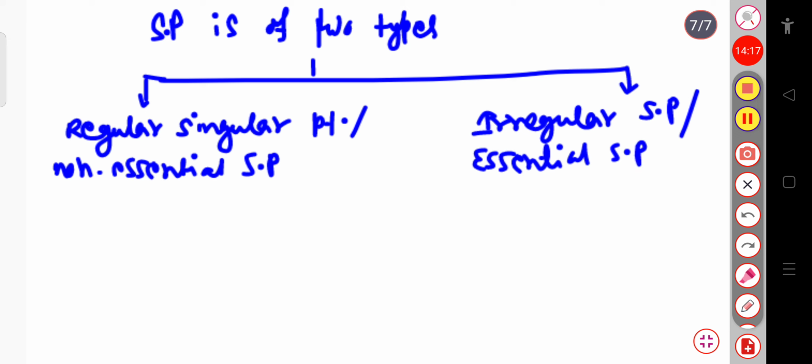First of all, in case of the regular singular point, you have to check, just try to remember these things. This x naught is the point where the function is not analytic or the function value goes to infinite.